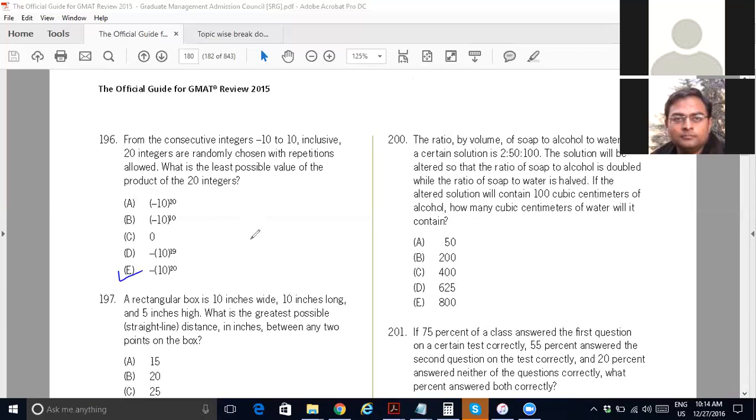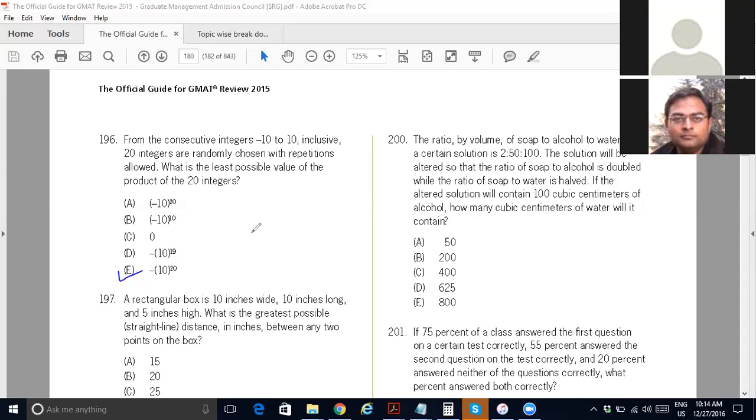Ultimately we are multiplying 10, 20 times, and once the number is negative. So it's basically -10 into 10 raised to the power of 19, which is equal to negative, and then in brackets 10 raised to the power of 20. Negative is outside. We do not take -10 only once.